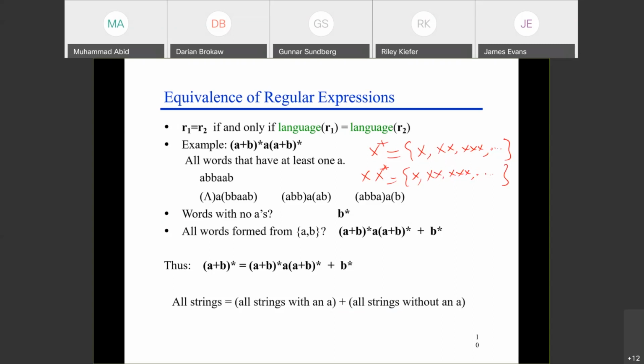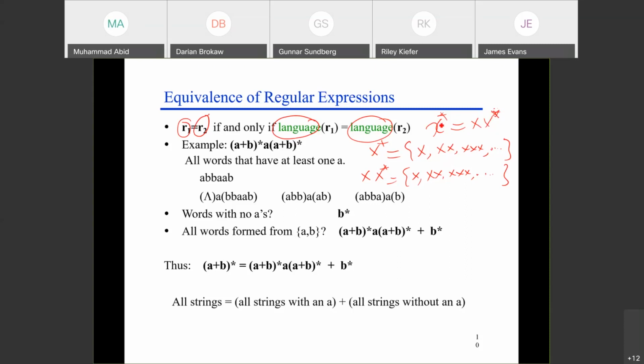So you see, we have two regular expressions that are different from each other, but they define the same language. When two regular expressions define the same language, we say that they are equal to each other. This is what we try to explain here. Now let me show you one example: a plus b whole star a, and then a plus b whole star.